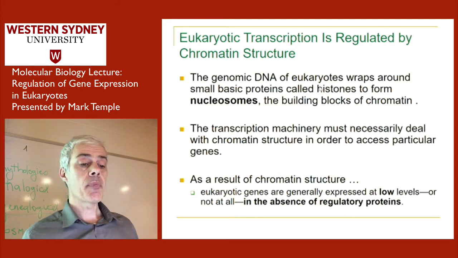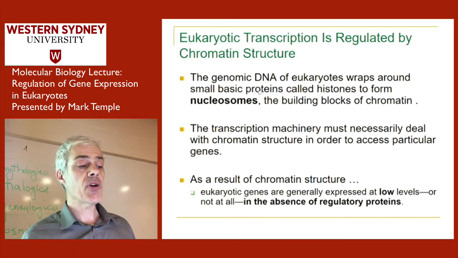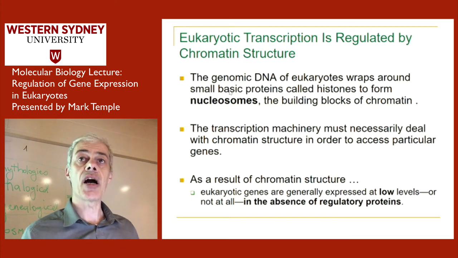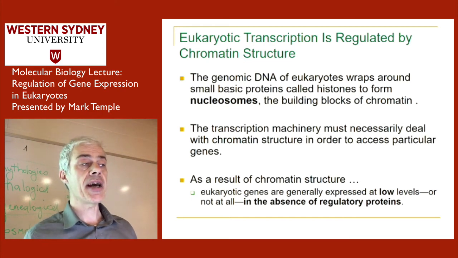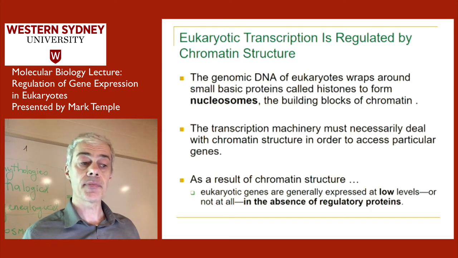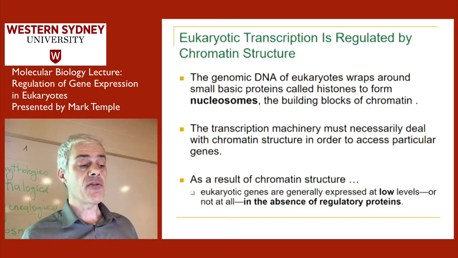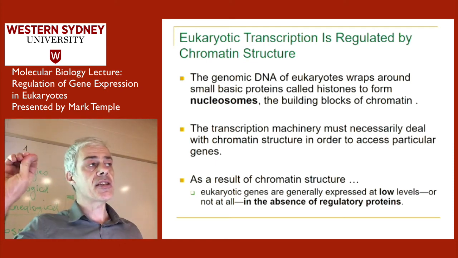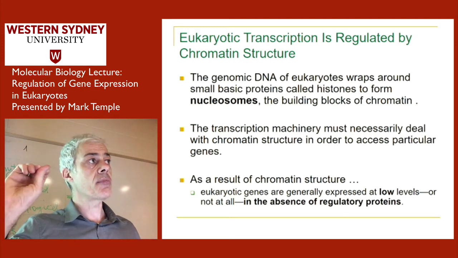Okay? It says here small basic proteins. Basic doesn't mean simple as opposed to complex. Basic means charged. So they contain more basic amino acid residues than you would expect. So they're rich in lysines and arginines. If you remember proteins and genes, lysines and arginines are the amino acid side chains that have positive charges on them.